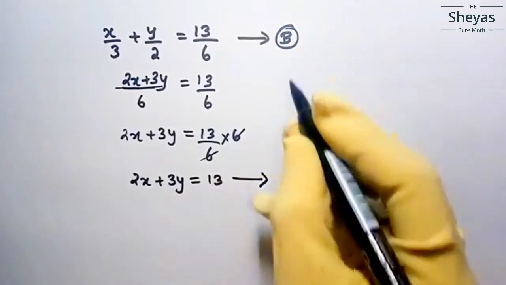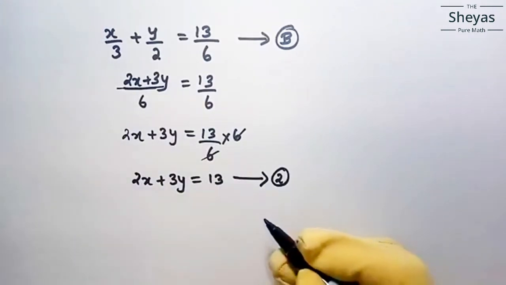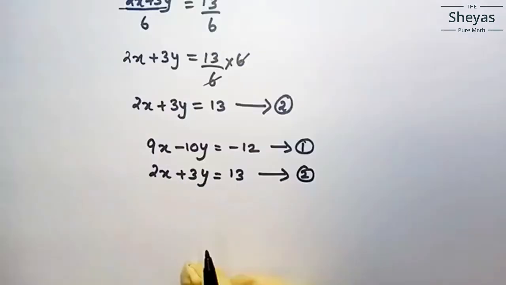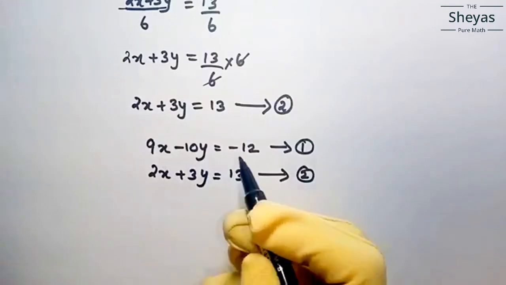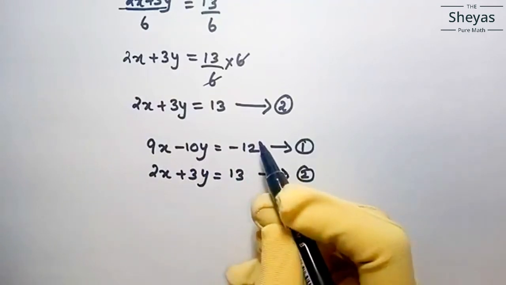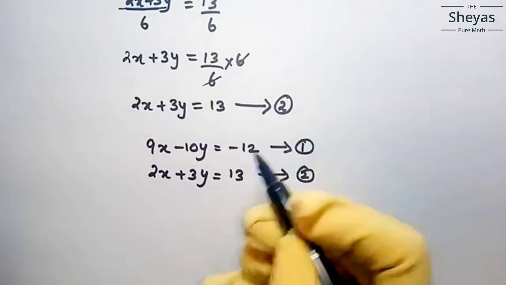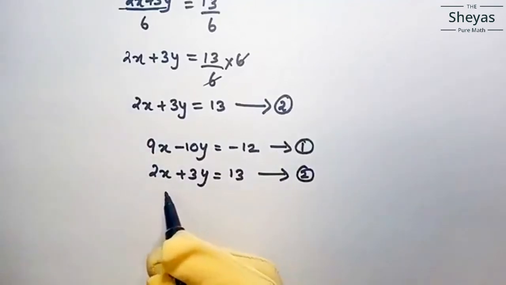Now, this B becomes equation 2. Now, I have got two equations. 9x minus 10y is equal to minus 12 from A, the first equation. From B, I have got the second equation. Now, I am going to apply the substitution method for solving this.